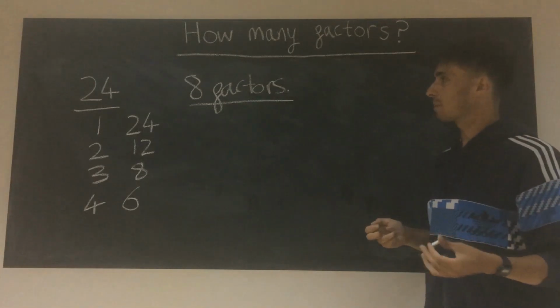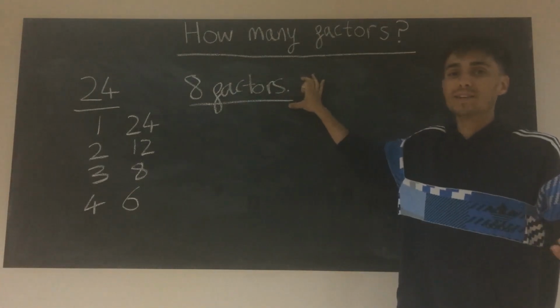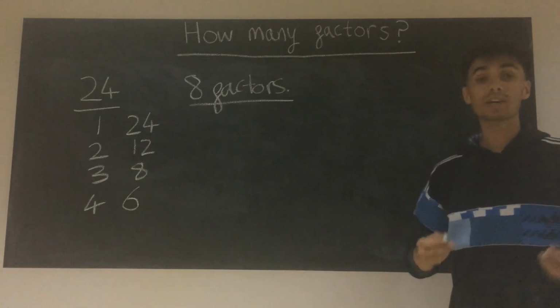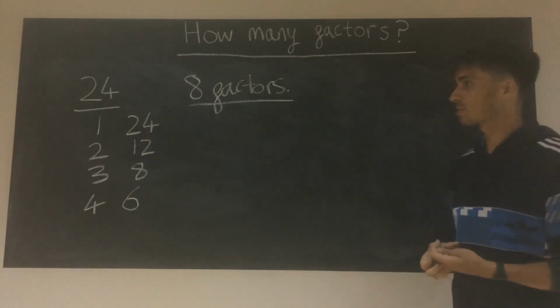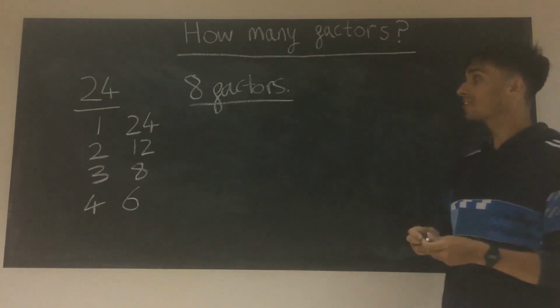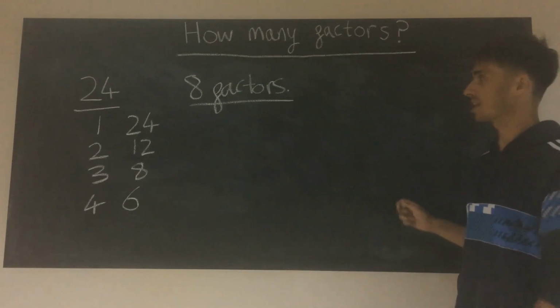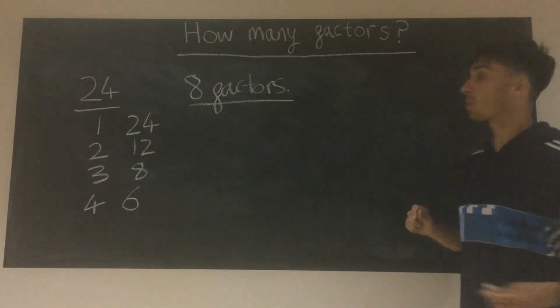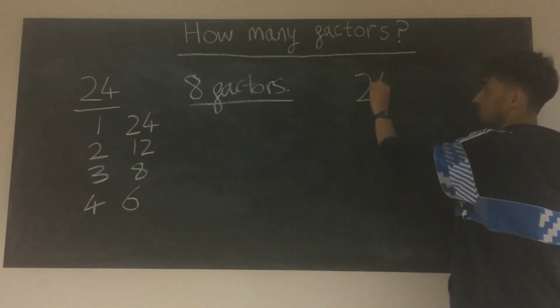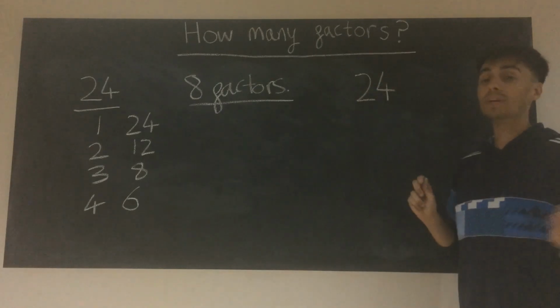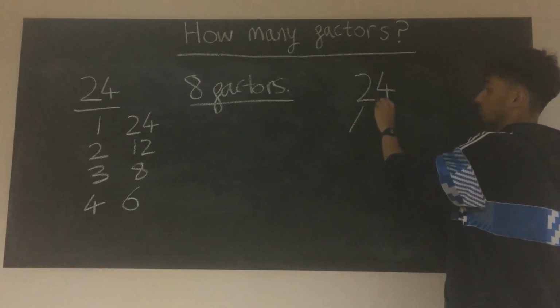Well, now we need to think about, this is nice, but can we come up with some sort of rule to help us predict the number of factors that a number has? And to do that, we need the number's prime factorization first. So for 24, we can break it down like so.